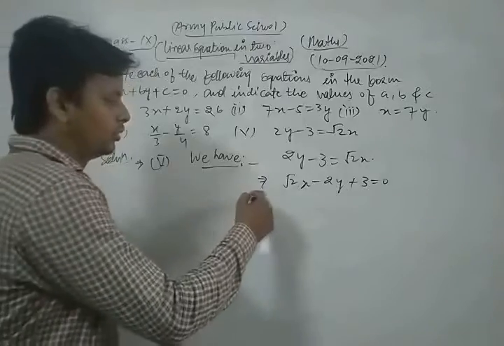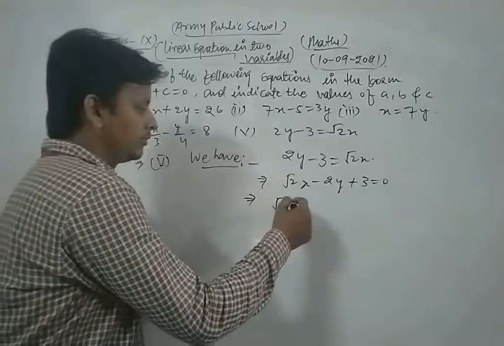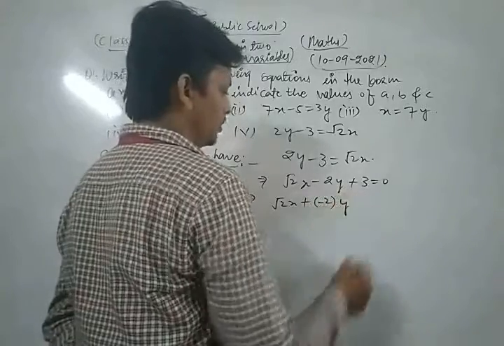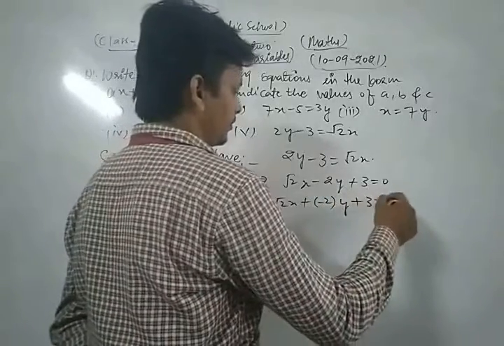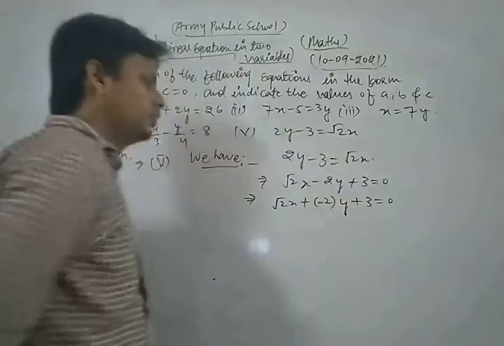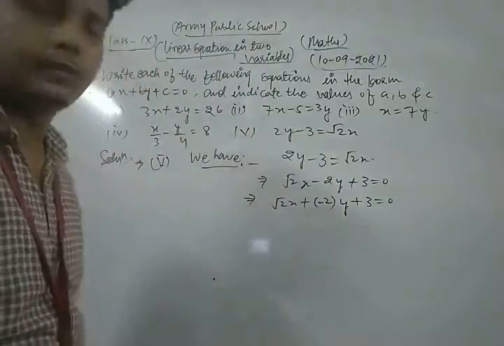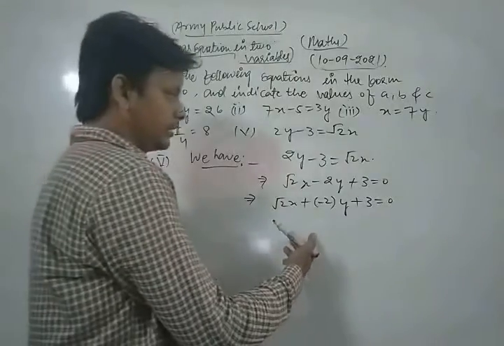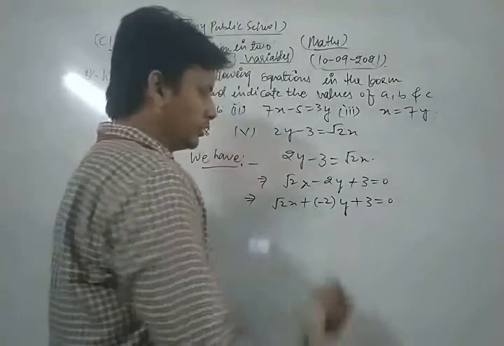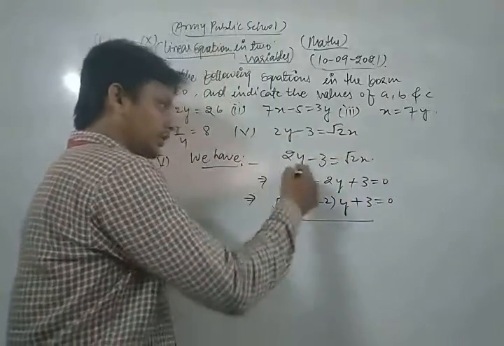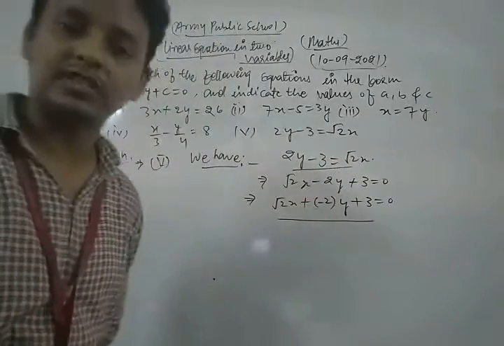Now we can write this as 2x minus 2y plus 2 is equal to 0. So in this way we can write the given equation in the form of ax plus by plus c is equal to 0.